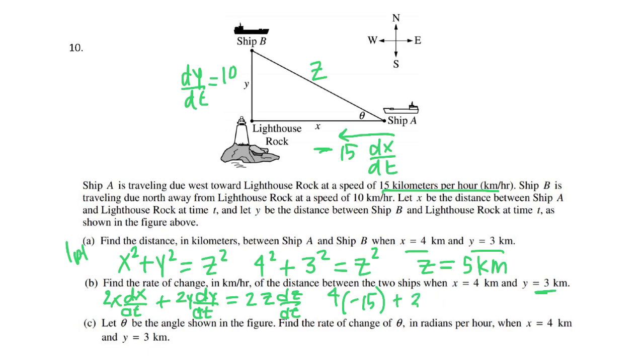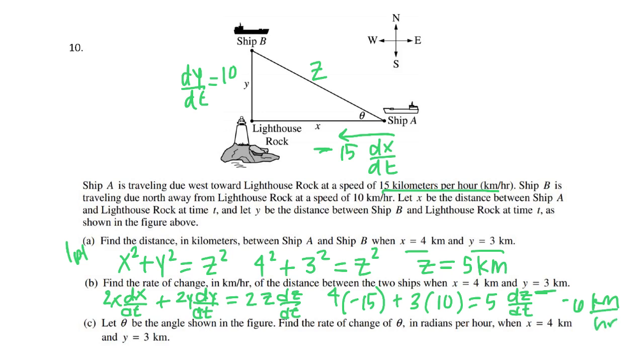So we have 3 times 10, and that's going to be equal to 5 times dz/dt, which is what we're trying to find. With a little algebra, we divide by 5, and I think we end up with negative 6 for our rate of change. Negative 6, and we need our units, so that's kilometers per hour.